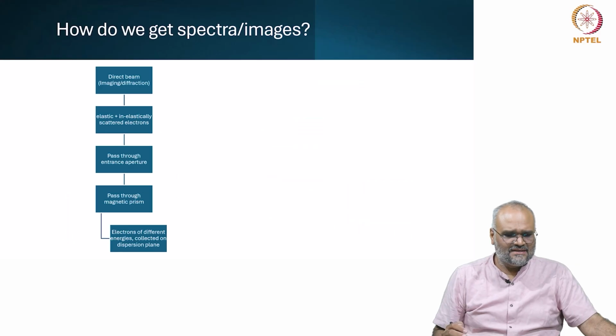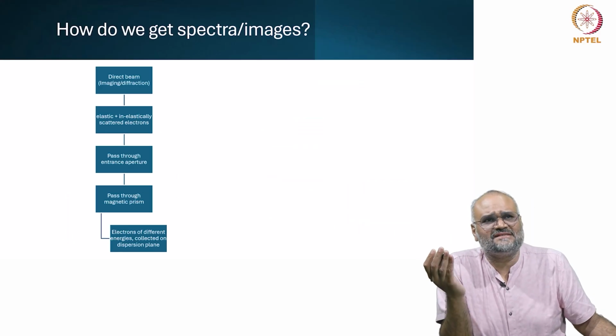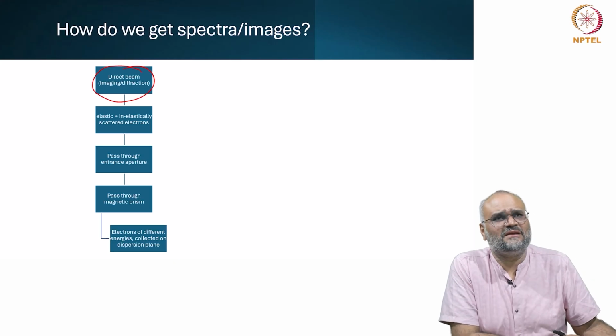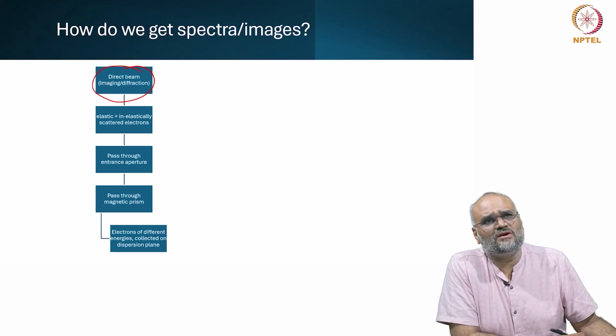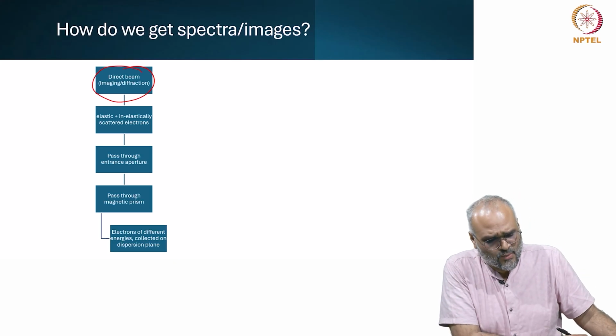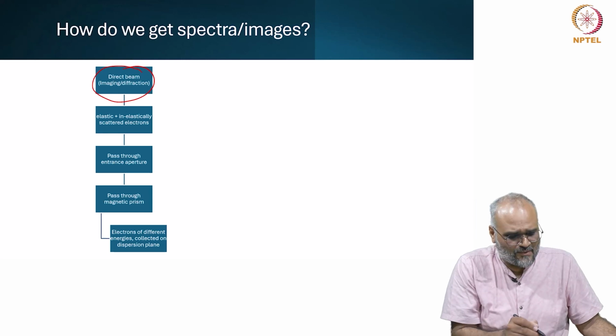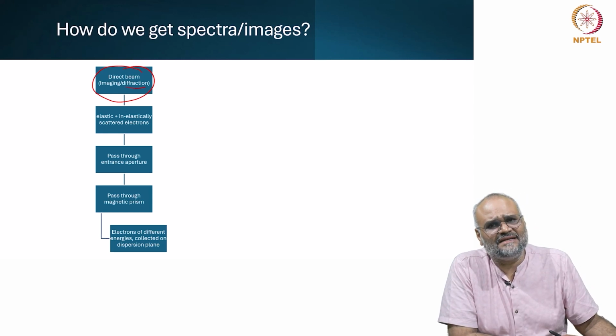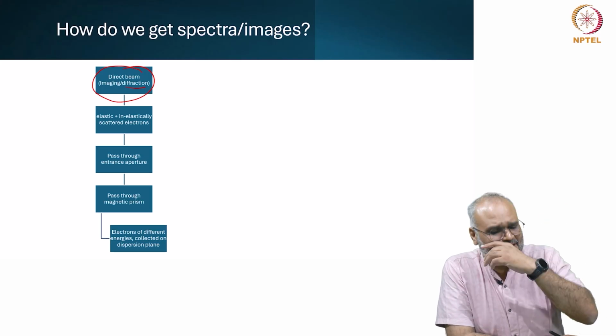So if I look at how these spectra or images are obtained, you are collecting the signal from the direct beam either in imaging mode or in diffraction mode. When I am typically imaging in STEM, I am already operating in diffraction mode, but when I am imaging in conventional TEM, you can get spot EELS spectra.